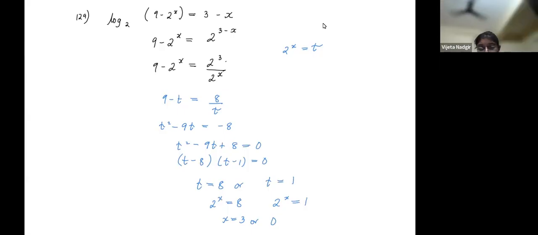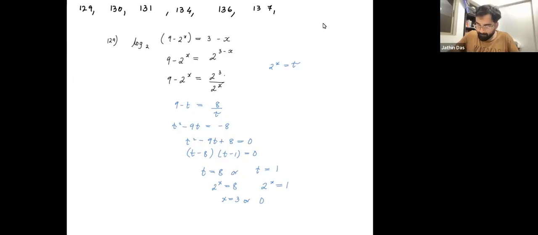Then why can't it be 3? So 1 second. Sometimes होता है कभी sometimes they miss some answers.